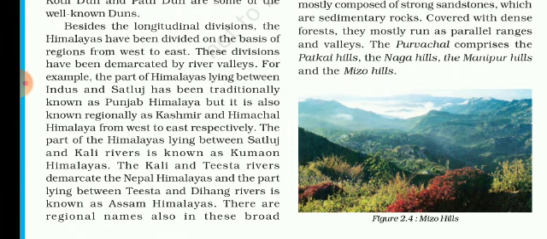It means the part of Himalayas lying between Satluj and Kali is known as Kumaon Himalaya. The part lying between Kali and Teesta is known as Nepal Himalaya, and the part lying between Teesta and Dihang is known as Assam Himalayas.